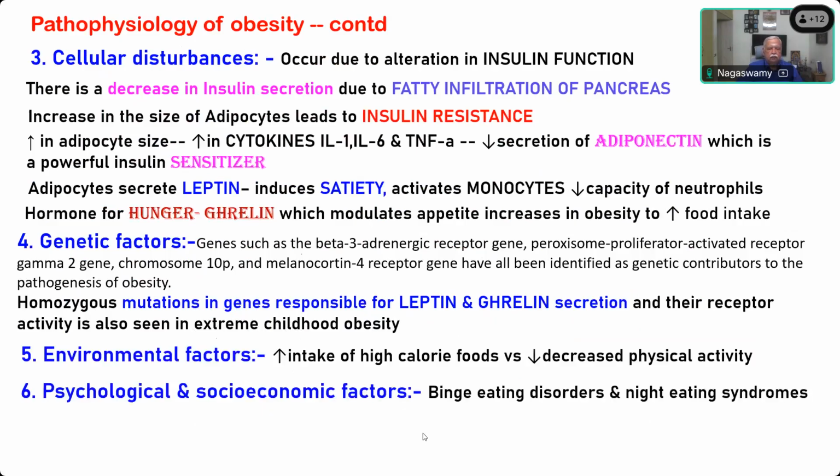And environment, of course, increased food intake, decreased physical activity, psychological and socioeconomic factors, it's the so-called binge eating disorders and late night eating disorders, especially among the youngsters nowadays.